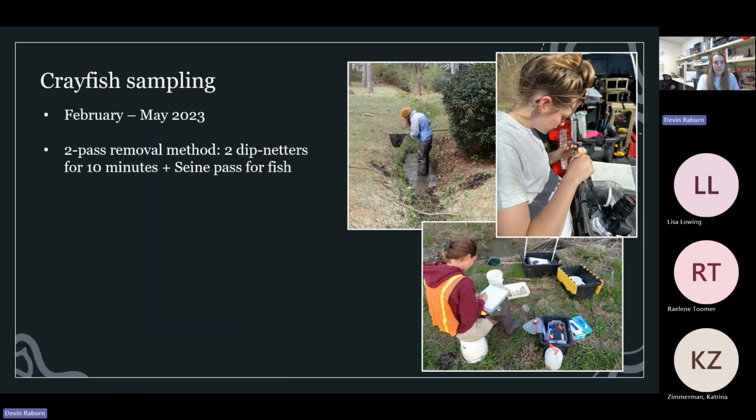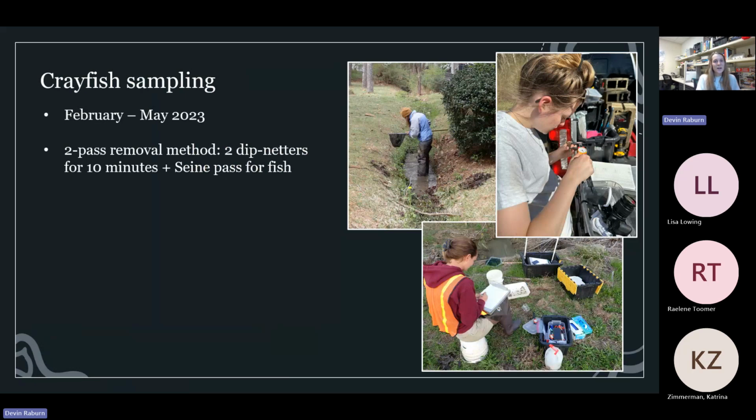So this basically means 2 dip netters went out into the stream or the ditch. We did a pass of 10 minutes, collected anything we could. And if we didn't detect rivulet crayfishes on that first 10-minute pass, we did an additional 10 minutes. If we didn't detect them on that additional 10 minutes, we assumed they were absent, and we'll make an occupancy model in the future, but we'll get to that in a little bit.